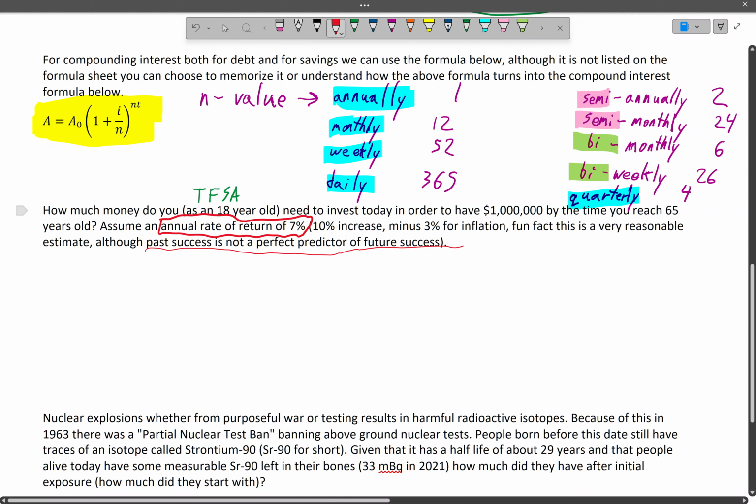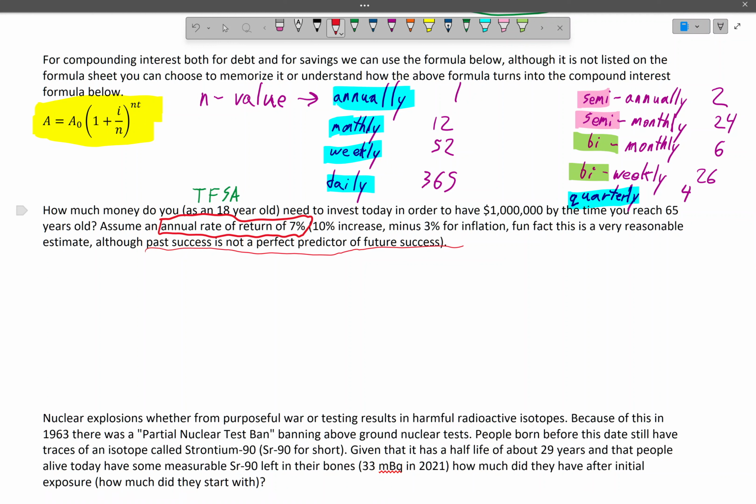So just because some ETF or market has done well in the past does not guarantee its future success. But that being said, this is what the market has generally done on average for the last 100 years. So it's probably a fair assumption, and you have to do something. So with that said, we're going to go ahead and try this out.